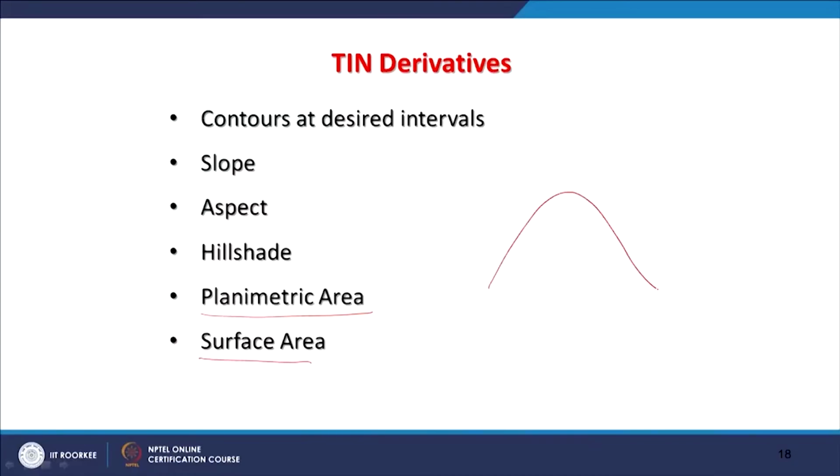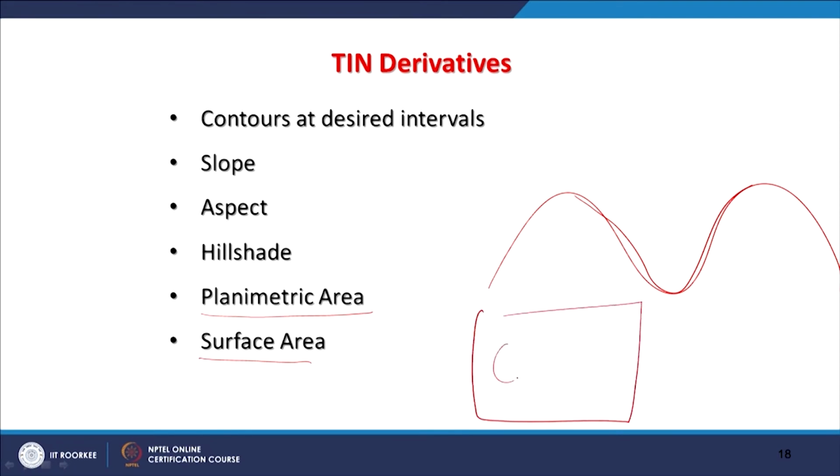So, if I measure using a topo sheet or a topographic map, then I will have less area than the real one. If there are 2 hills here and I have to walk, then I have to come down like this and go up. That means my travelling time is much more. But if I see it on a map, these hillocks may be something like this. These are the contours.